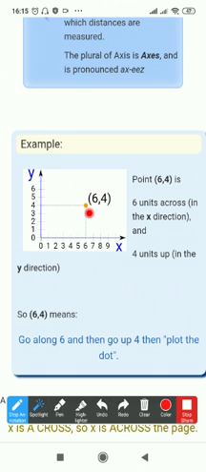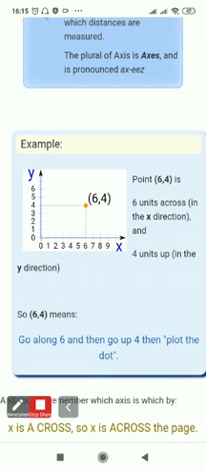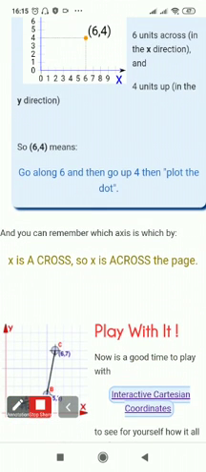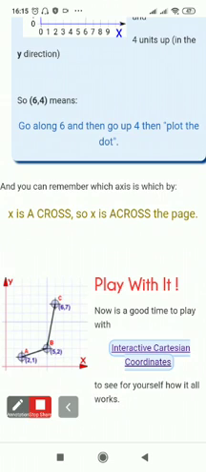So you move 6 steps across and 4 up. You can go down and right, down and left, or up and left. You can go in any direction, depending on the coordinate pair.